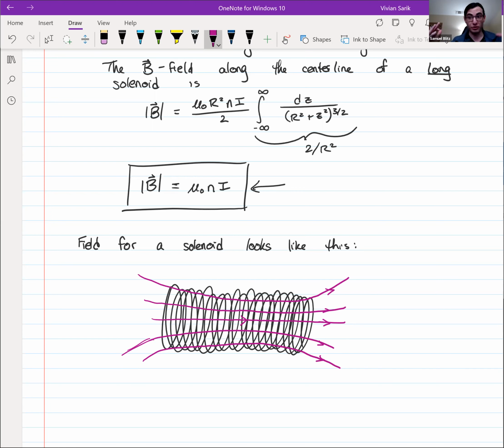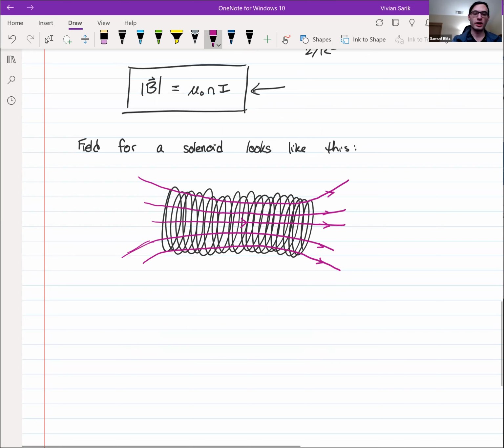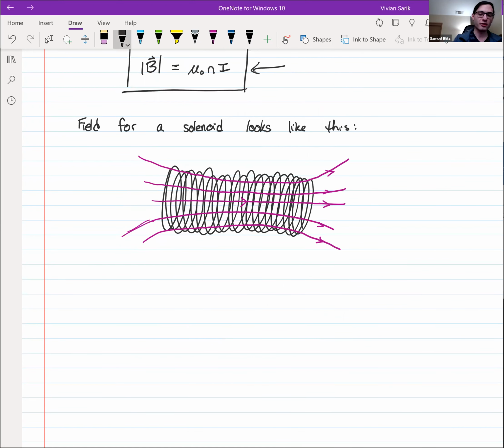Or if you zoom out enough, it just behaves like a normal dipole. So just like how a single loop of current is just a dipole, this is just a dipole. And so the magnetic field lines are very similar to those of a permanent magnet.